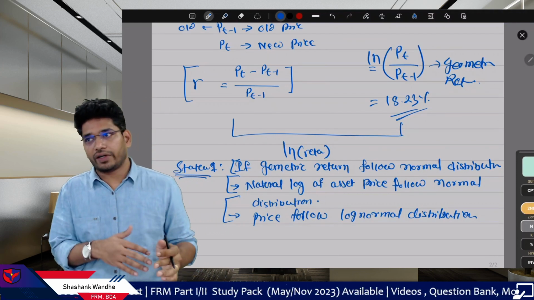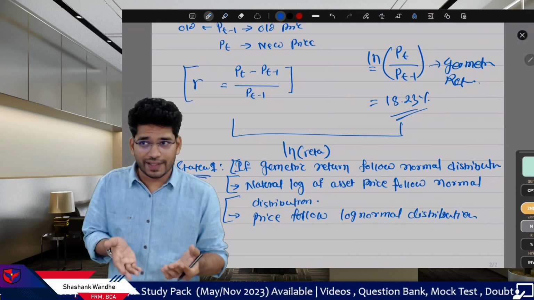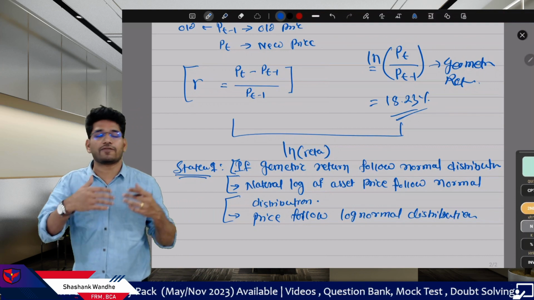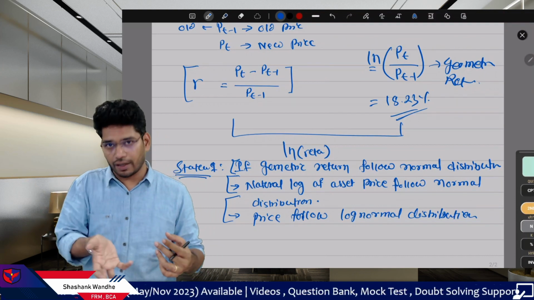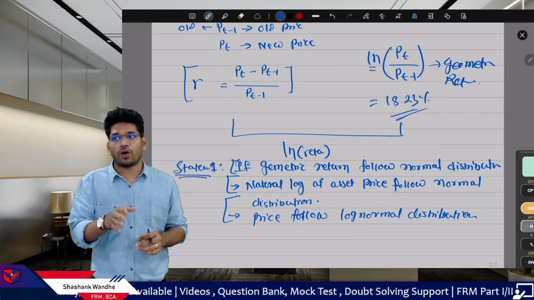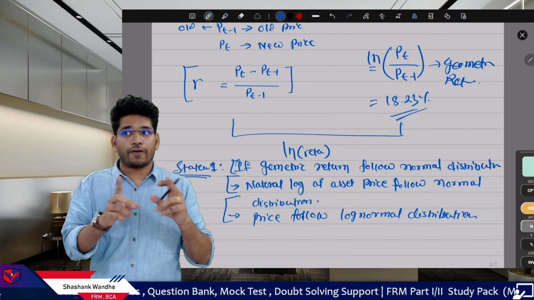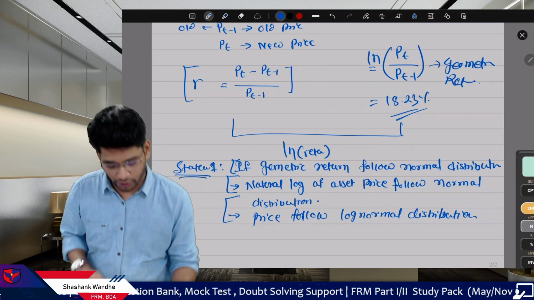So your ln returns, that is geometric returns, if the geometric returns follow normal distribution, then the natural log of asset prices follow normal distribution.